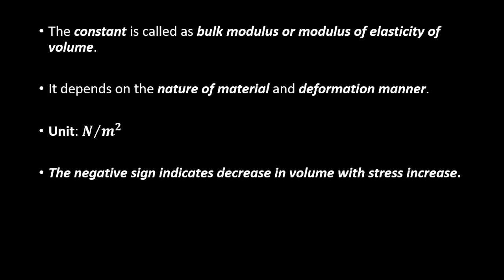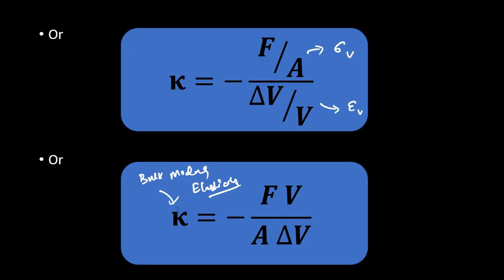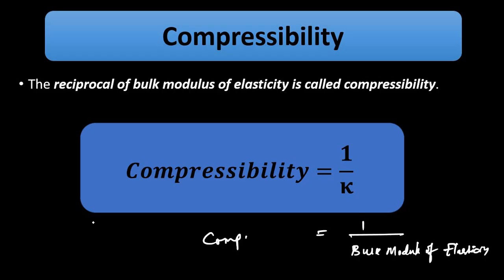Now, there is another important parameter which is compressibility. If we take the reciprocal of bulk modulus of elasticity, 1 by bulk modulus of elasticity, that gives us the compressibility of a material.